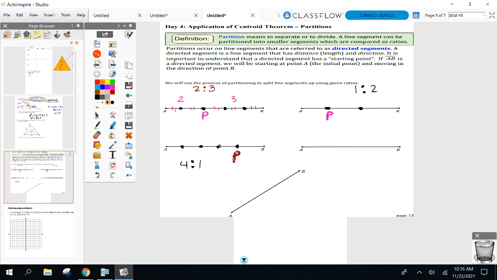All right, 2 more just to make sure we got the hang of it. Can you guys go 2 to 5? Break it up. Find me a point that breaks AB up into a ratio of 2 to 5.